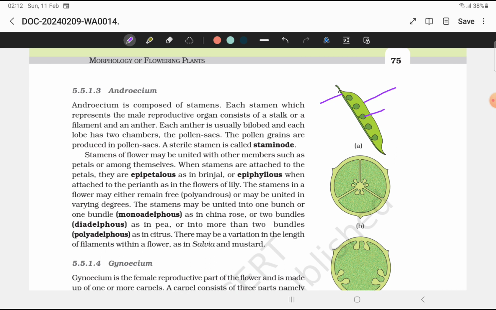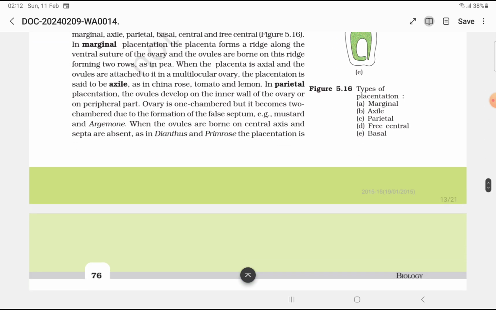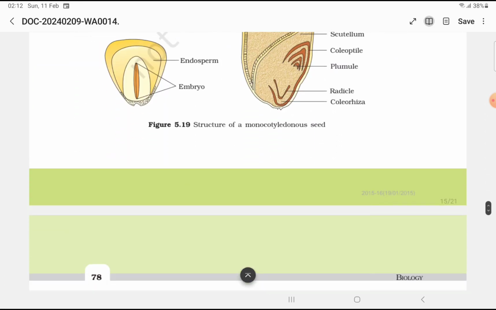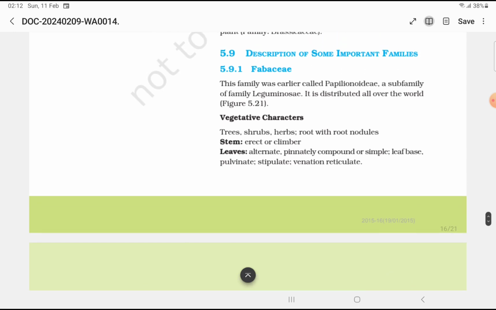When you open, it will open like this, and all the seeds are arranged in a serial order, in a single row, in the marginal placentation. This kind of fruit is the legume fruit, and all the members of this family have this fruit. So it is Leguminosae, and it is distributed all over the world.